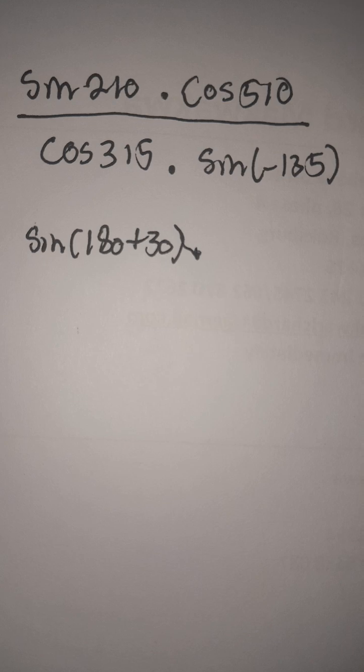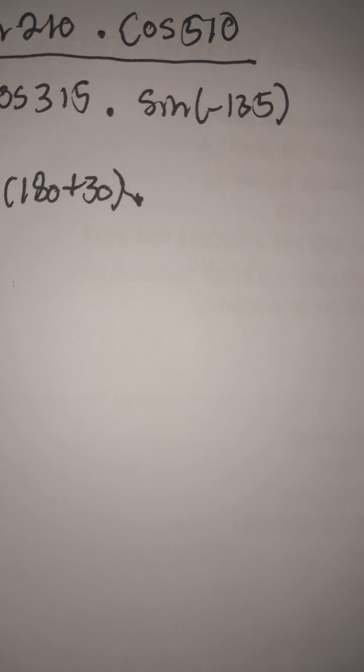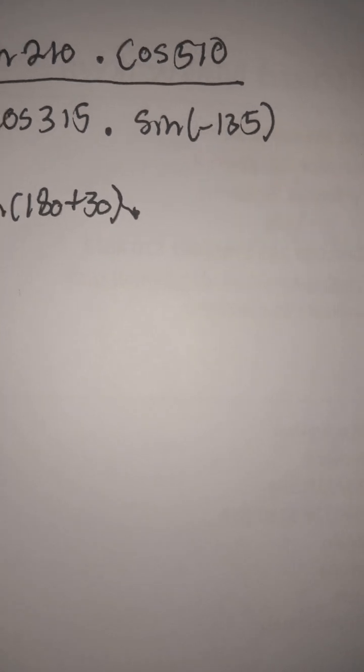Then multiply by cos 510. It's a big number. Whenever you have a greater angle, subtract 360. So 510 minus 360, we get 150. In other words, it is the same as saying 360 plus 150, which gives you 510.